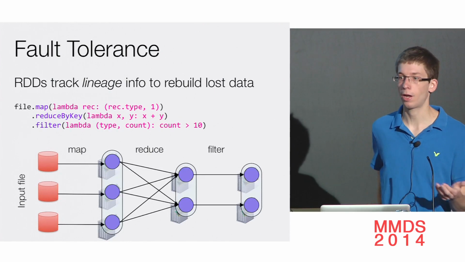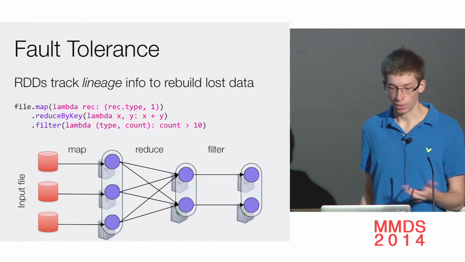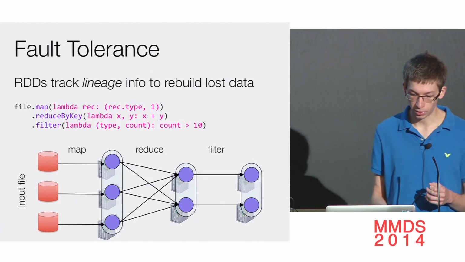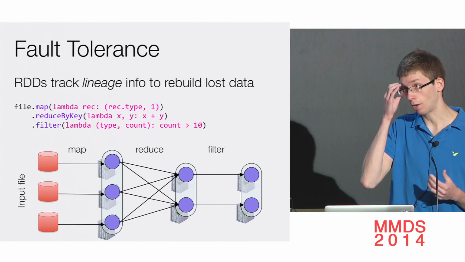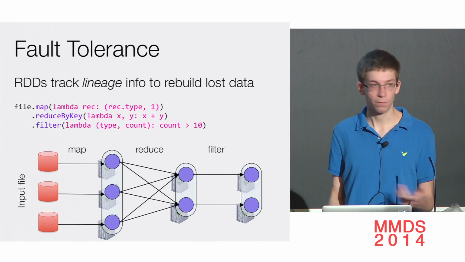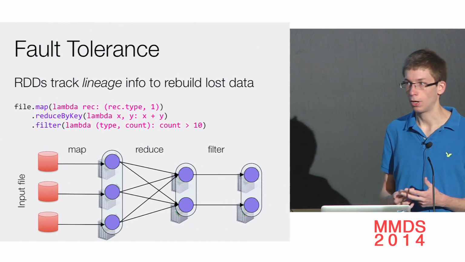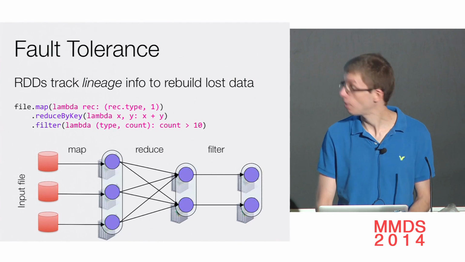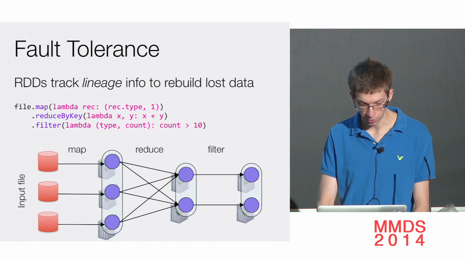Basically here I have some records, and I want to count the number of records of each type. So I do that using the map and reduce to add up the values, like the one value for each one. And then I want to filter out just the records that have a count higher than 10. So when I do that, Spark comes up with this dependency graph over here.